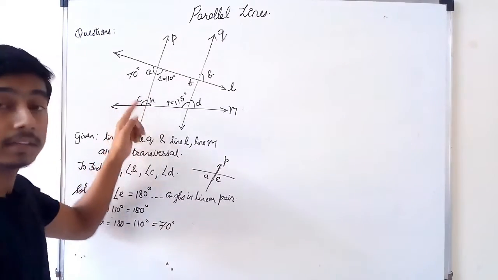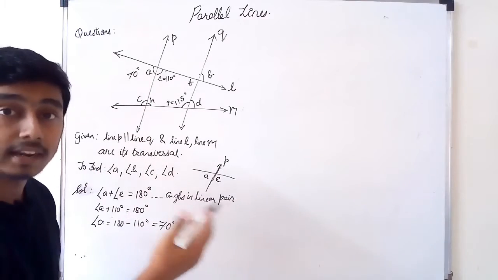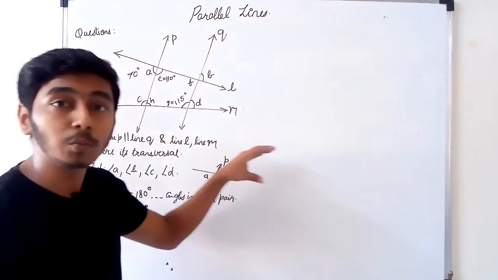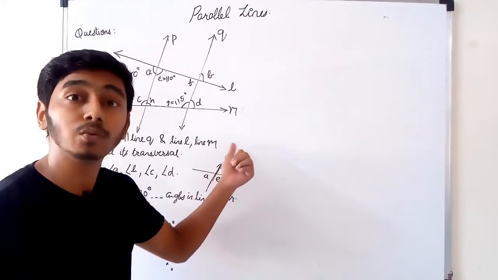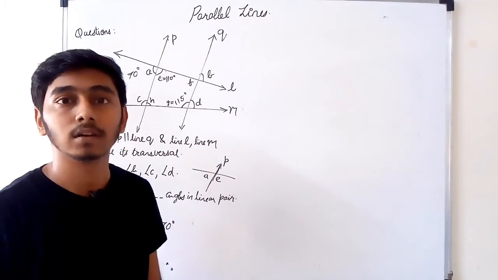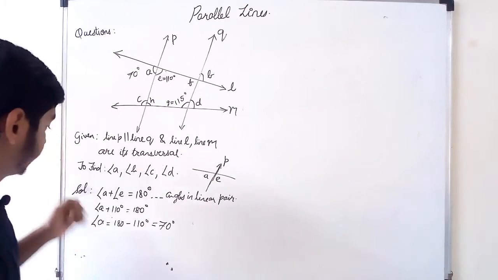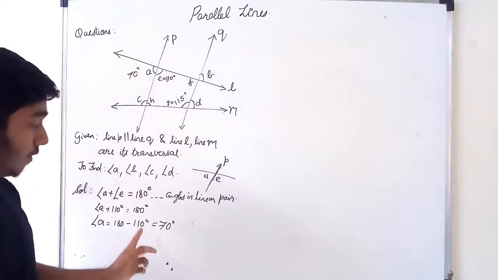Only when the lines are parallel can we say that the sum of the interior angles is supplementary. We discussed that also: first we took two non-parallel lines, and then we saw with two parallel lines. What were the conditions? So angle A we have got as 70 degree.